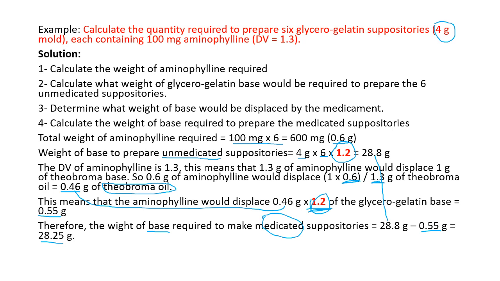So we need to mix 28.25 grams of glycerogelatin base with 0.6 gram of the aminophylline to prepare 6 glycerogelatin suppositories.